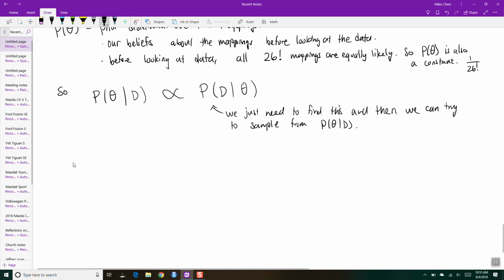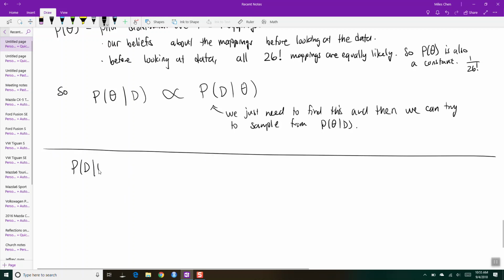Okay, so we're going to break down the probability of data given theta.